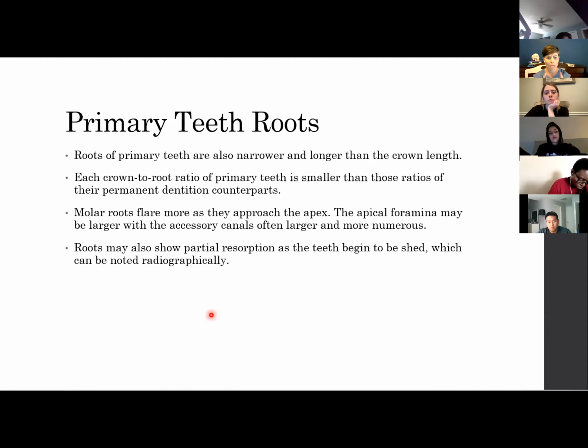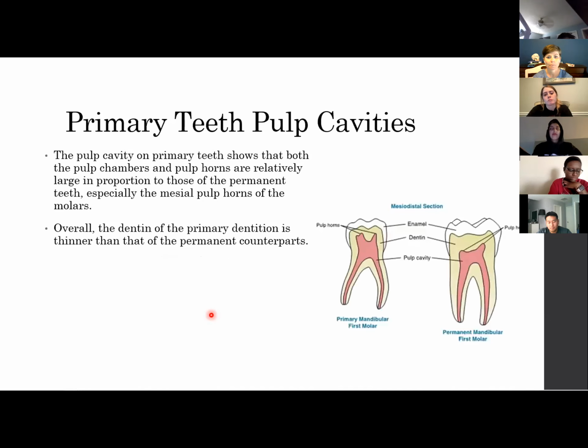And remember, the apical foramina are where the nerves and such go in. The roots may also show partial resorption as the tooth begins to shed, which can be noted radiographically. So as the permanent tooth starts to erupt and the primary tooth starts to shed, the root will start to disintegrate.